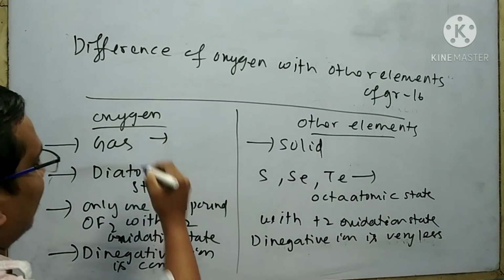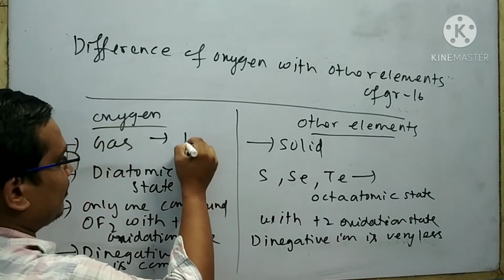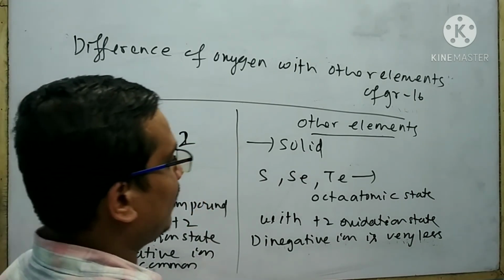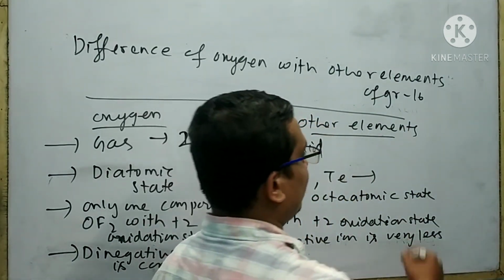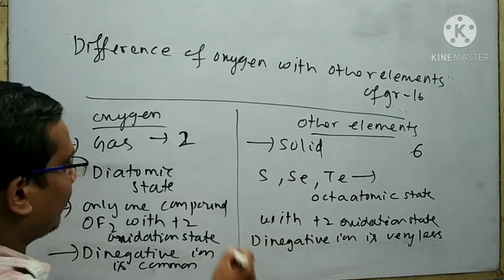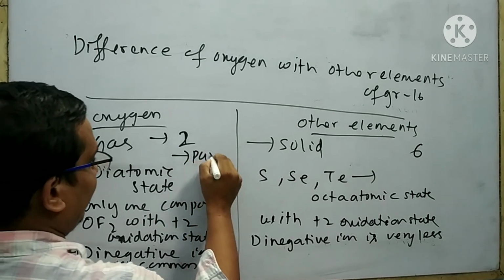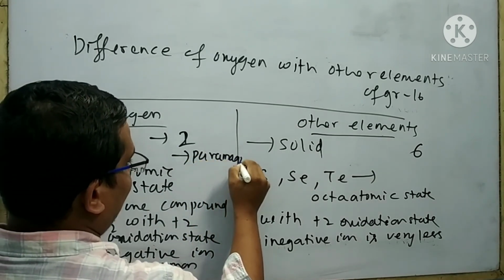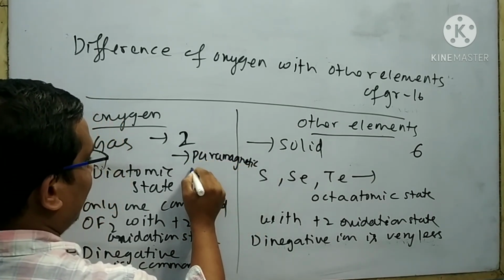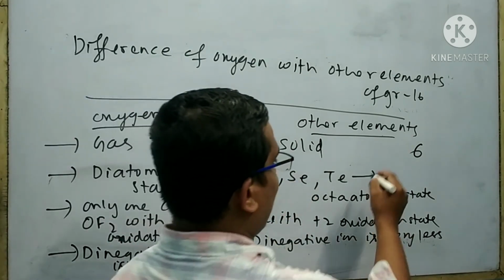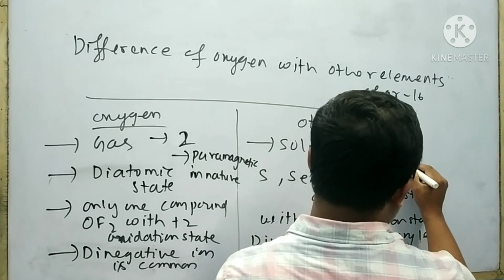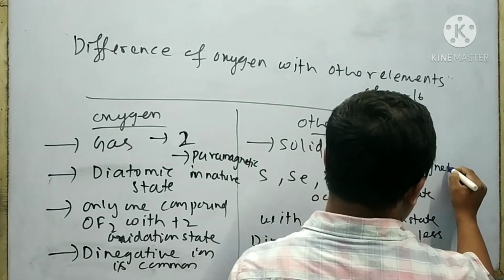The covalency of oxygen is a maximum of 2, while the covalency of other elements expands to 6. Oxygen is paramagnetic in nature while other elements are diamagnetic.